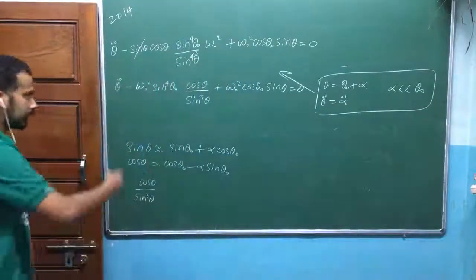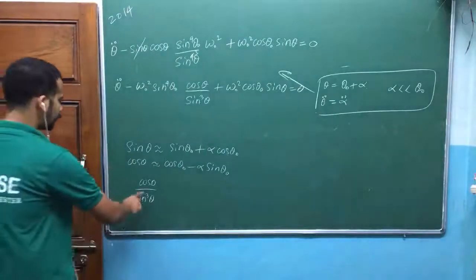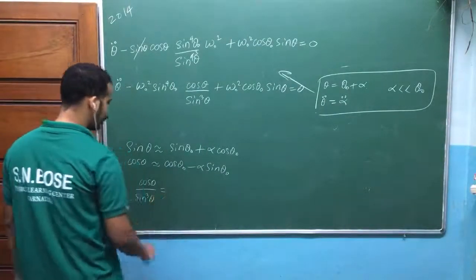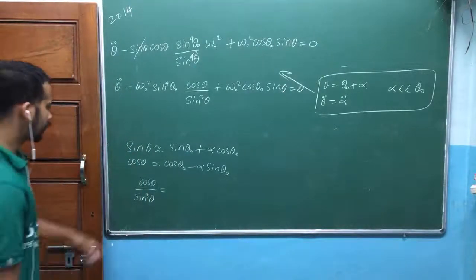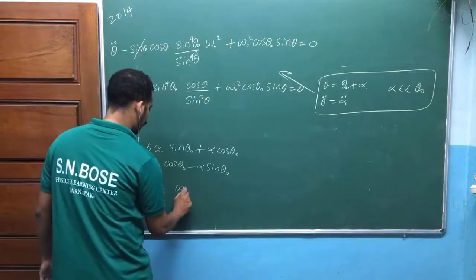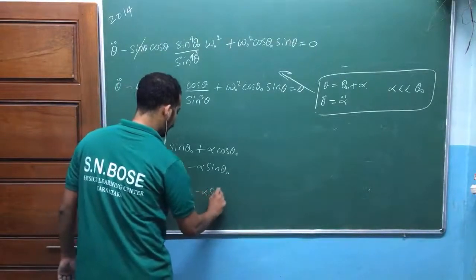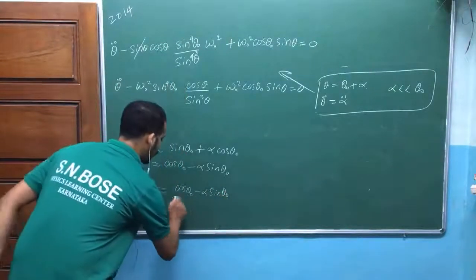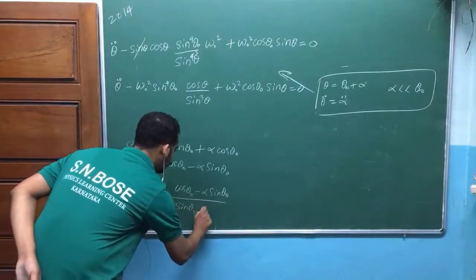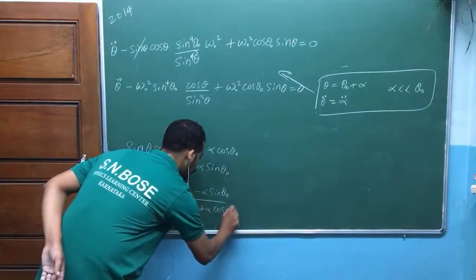Let me concentrate on this part, cos theta divided by sin cube theta, that's nearly equal to cos theta naught minus alpha sin theta naught, whole divided by sin theta naught plus alpha cos theta naught, the whole cube.